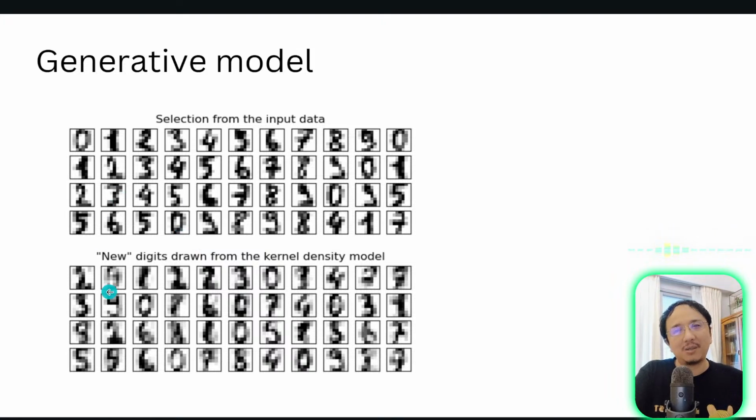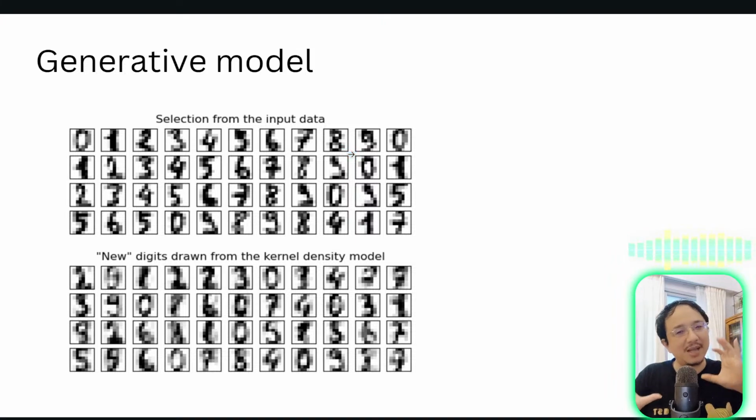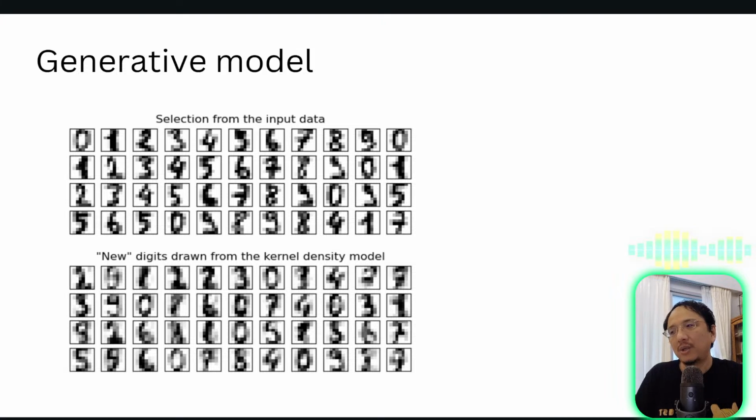The reason it does quite well in this example is because the resolution is quite low here, and we have a very nice data set. Each of the samples is actually quite close to each other. It is still sparse, but not that sparse compared to what we usually deal with in deep learning.